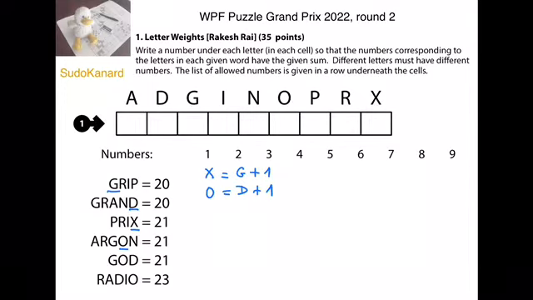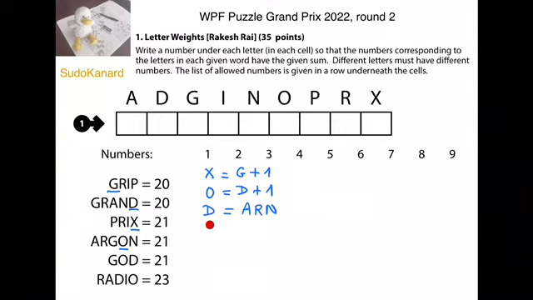And something sort of fun here is that God has the same sum as Argon, and they have 2 letters in common, and if we remove those letters, we don't know yet what is the value of what remains, but we know that D is worth as much as ARN.